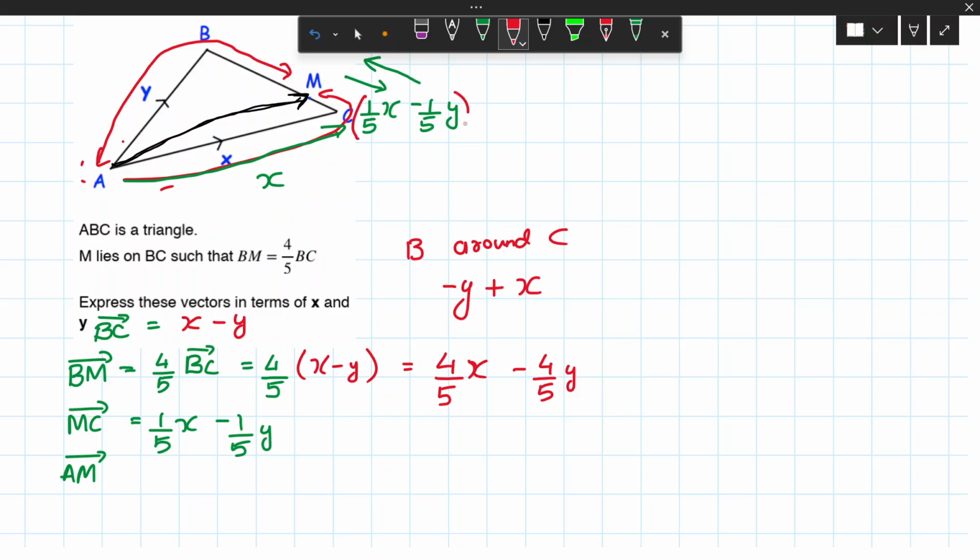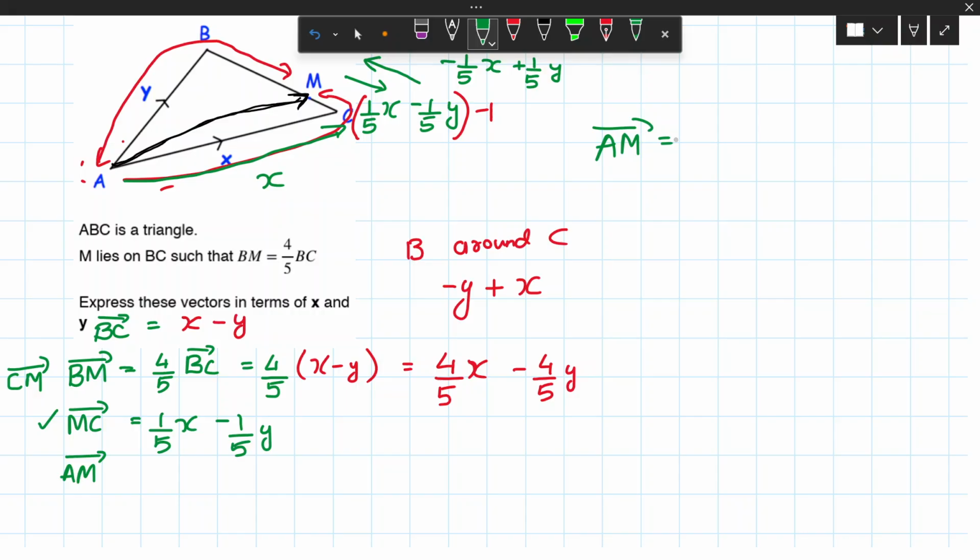If I multiply everything by -1, I get the vector that is going up, which is negative 1/5 x plus 1/5 y. So the vector MC was going down, which we found earlier. Now I'm finding CM because I'm going in the opposite direction from C to M, which is the negative of that.